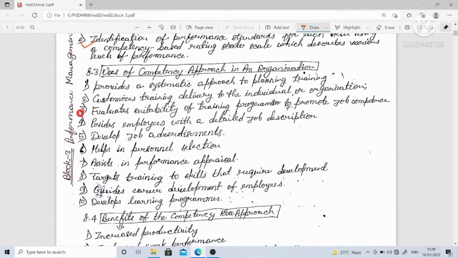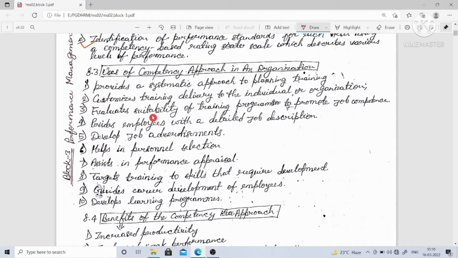Uses of the competency approach in an organization. What are the different uses of the competency approach in an organization? First, it provides a systematic approach to planning training. So it is used for planning training in the organization. Second, it customizes training delivery to the individual or organization.